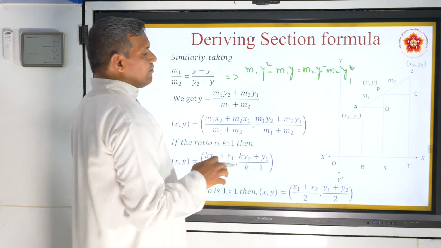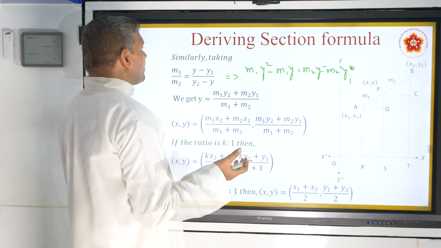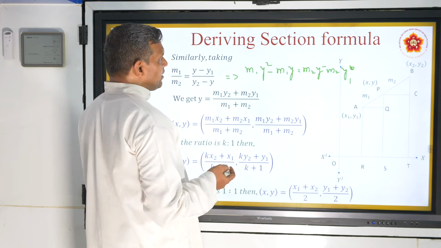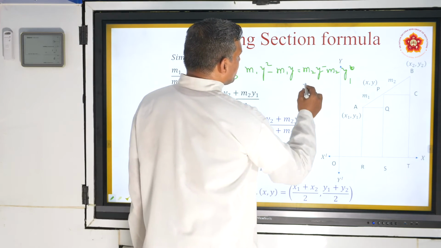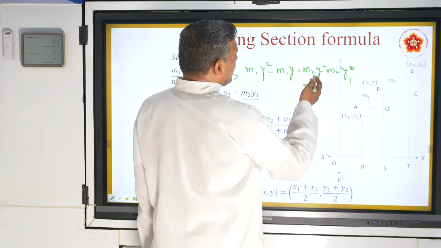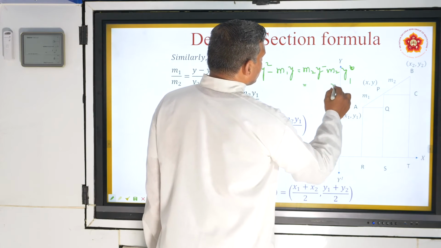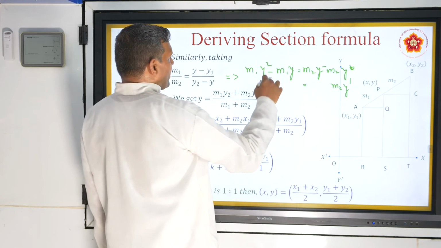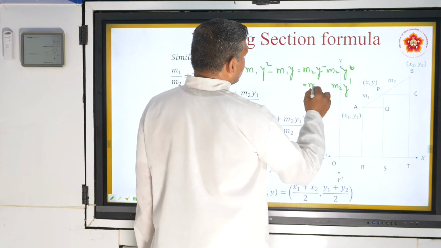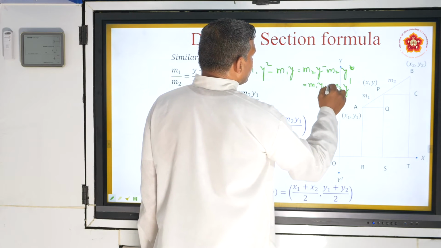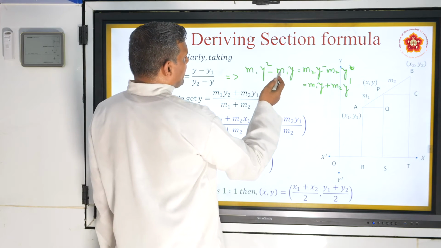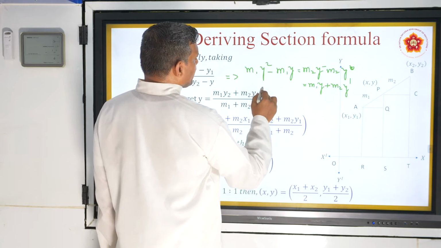Now like the last case, I don't want negative terms in different places. I want to transpose them and bring them to the same side so that I can get the positive answer. So what is positive here? m2y. Let me keep m2y here itself. And what am I transposing? m1y. So transpose m1y. I am just writing in a sequence, that's it. m1y, m2y. Got it. Now what is positive here? m1y2. Keep the m1y2 in LHS.